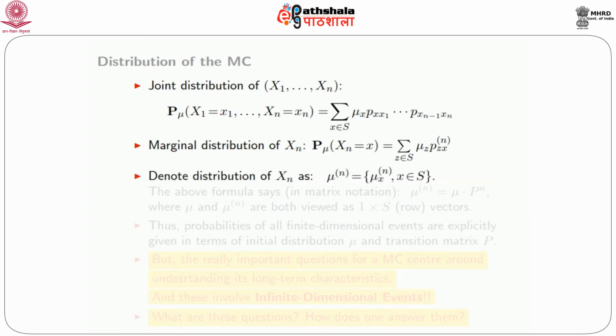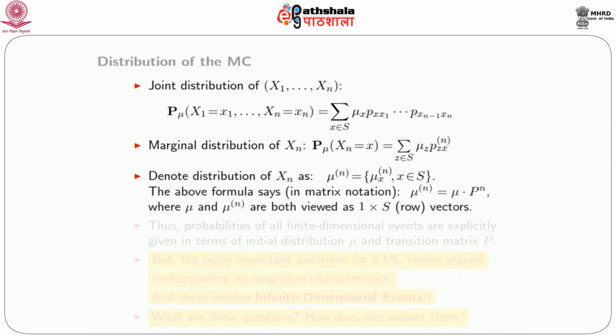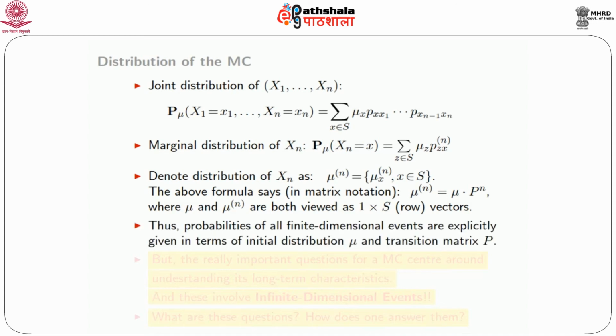If you denote the distribution of xn as mu super n, then the above formula says in matrix notation that mu super n is mu times P to the n, where both mu and mu super n are viewed as row vectors, 1 cross s row vectors. Thus, probabilities of all finite dimensional events are explicitly given in terms of the initial distribution mu and the transition matrix P, which is what the last two identities do.